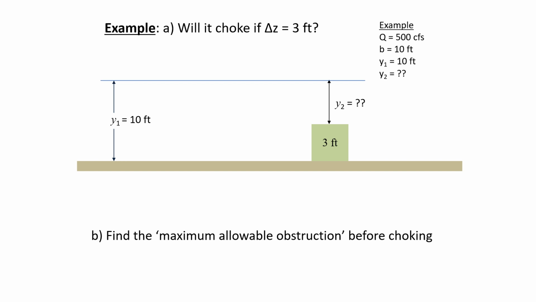It's 10 feet wide and 10 feet deep at 1, so the area is 100 feet squared, and I square that. So the energy available at 1 is 10.388 feet.